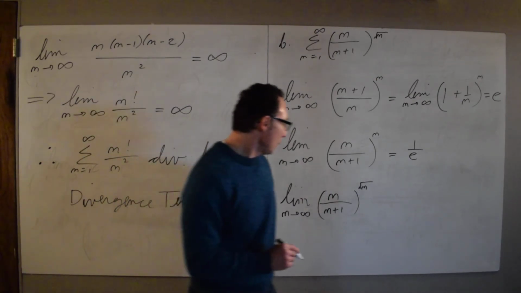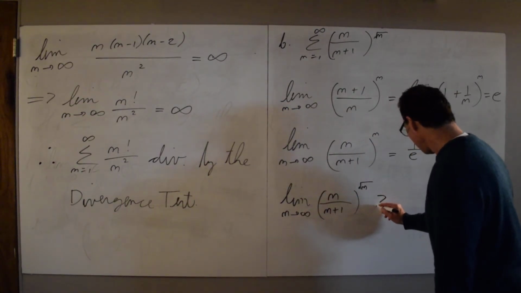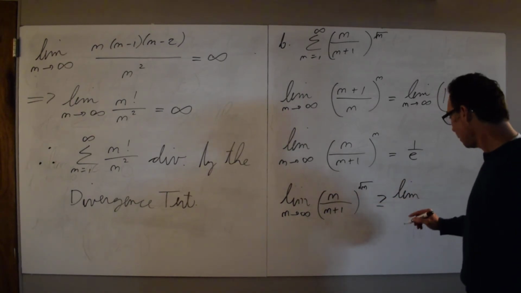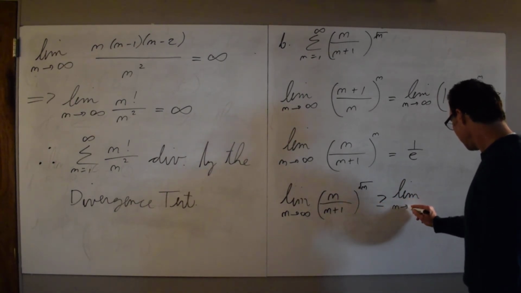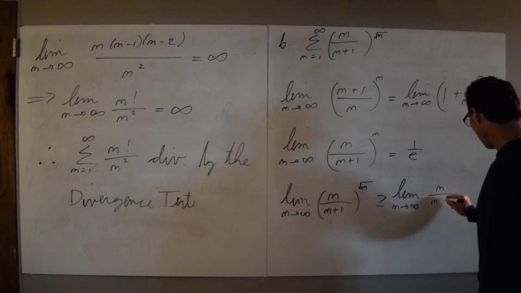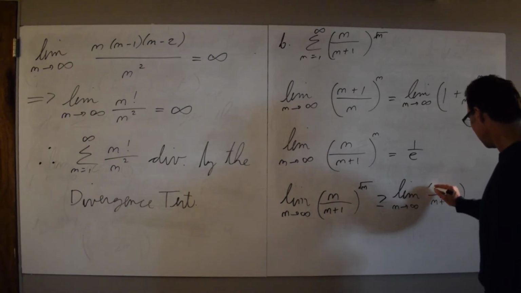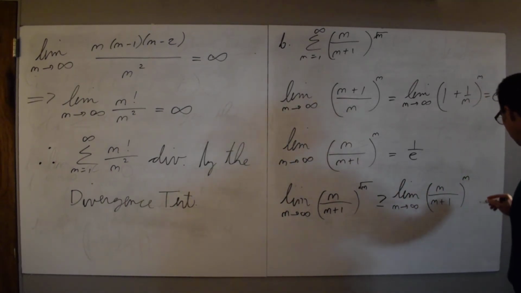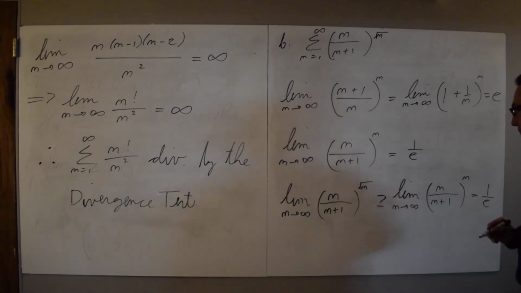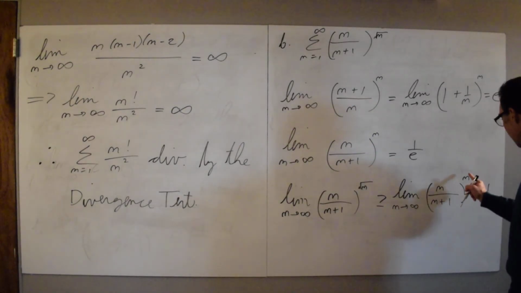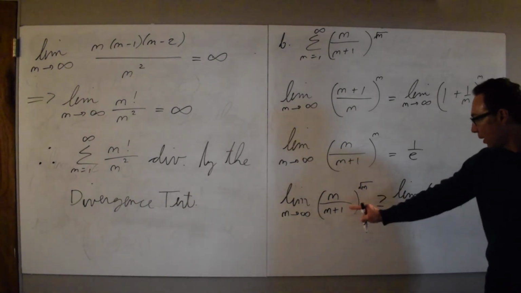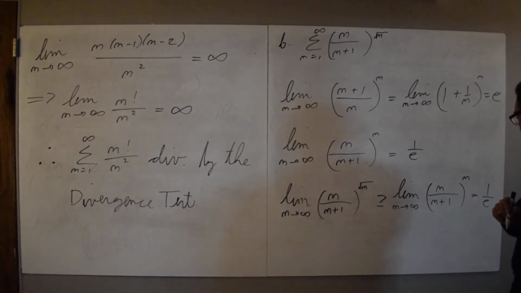So if we make the exponent larger, we make the fraction even smaller. So that is greater than or equal to the limit as n goes to infinity of n divided by n plus 1 to the n, which is 1 over e. This term is smaller than this one because n divided by n plus 1 is less than 1.